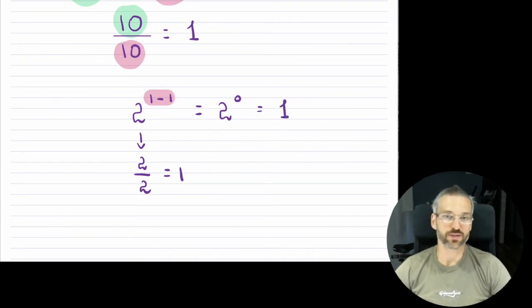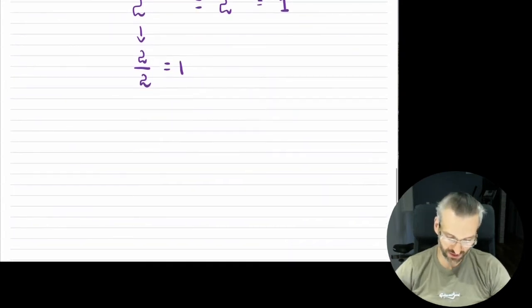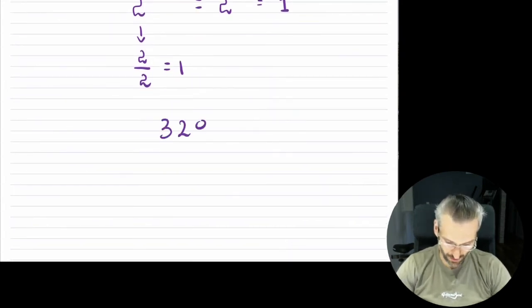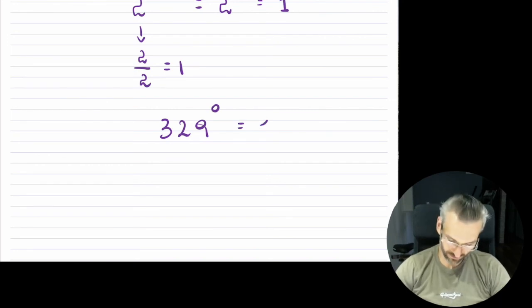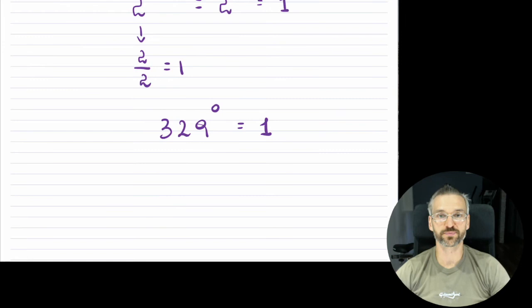And that is the reason why any positive number that you take and raise to the exponent of 0 is going to be 1. So if I asked you some huge number, say 329 to the 0, it is equal to 1. Because this just means 329 divided by 329. And it is equal to 1. So that's what we have there.